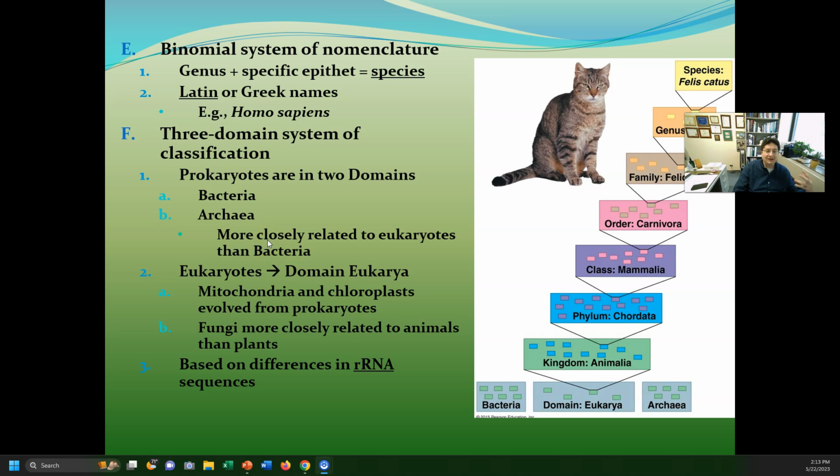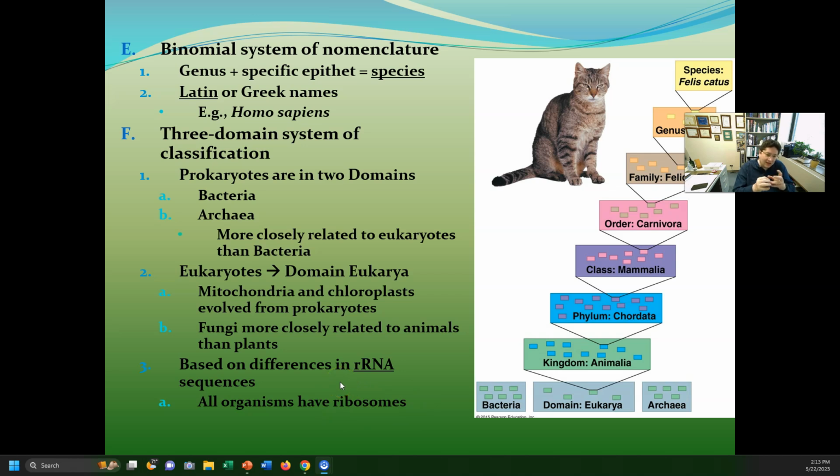And we separate organisms into these three domains, bacteria, archaea, and eukarya, based on differences in what's called their ribosomal RNA. Now, ribosomal RNA makes up little organelles that all cells have, both eukaryote and prokaryote, called ribosomes. All organisms have ribosomes.